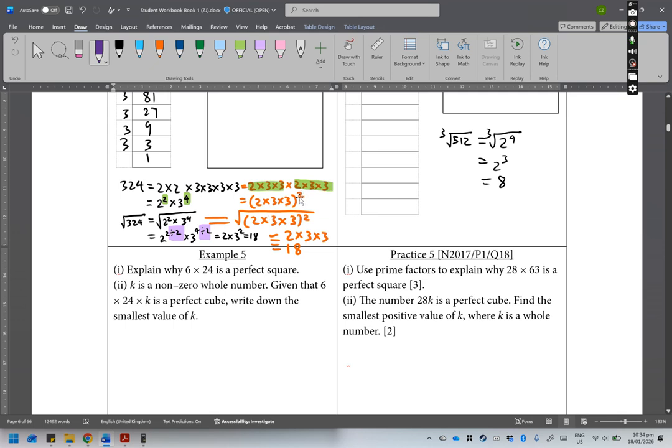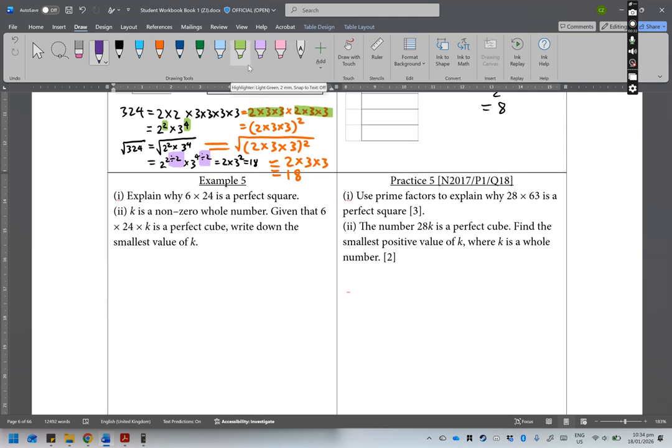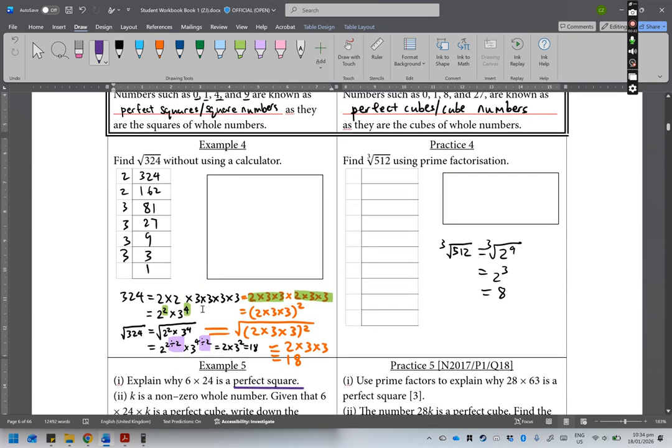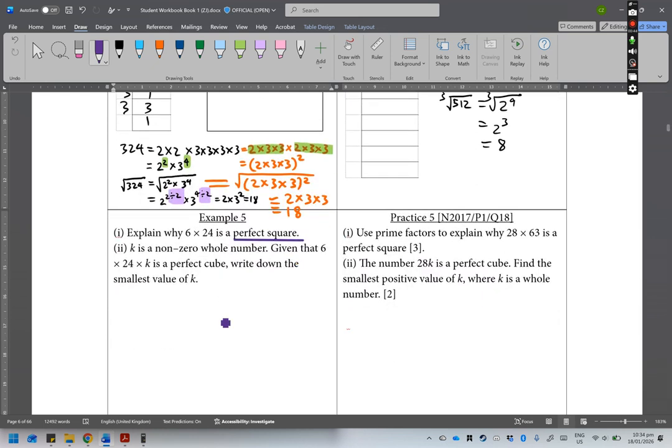There's no such term as square rootable, but I'm just going to use that as a layman term. First, we know from example 4 that it means the powers are even.